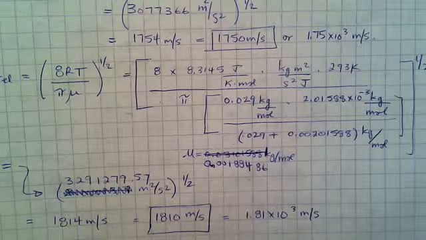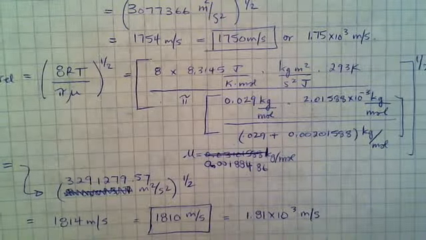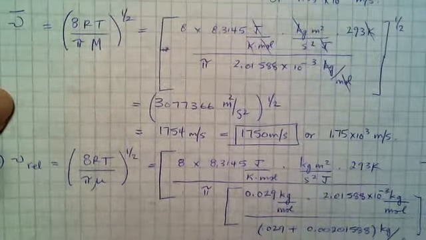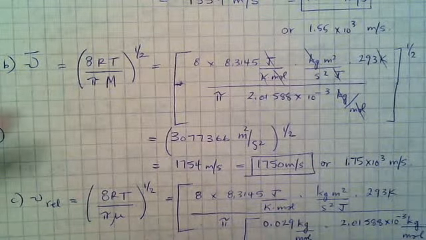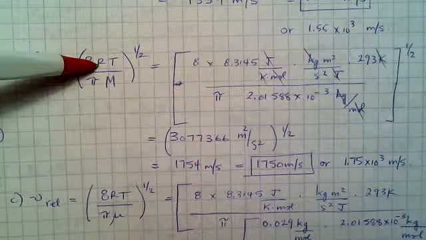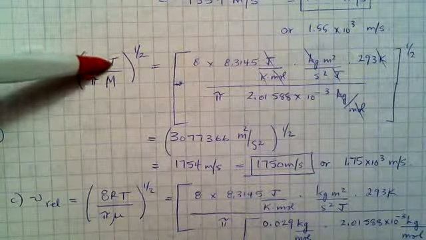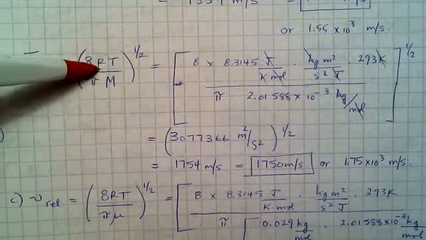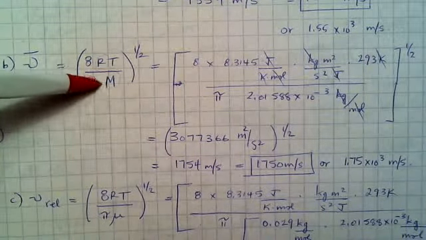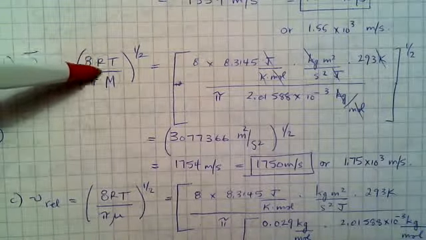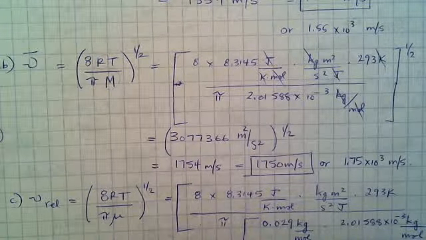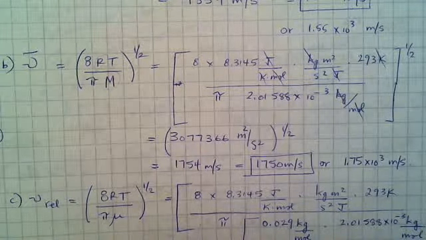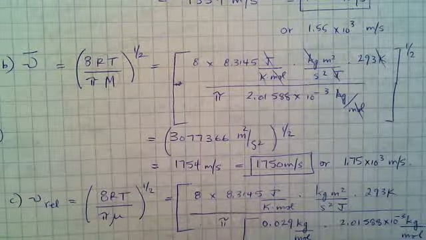Once again, you'll see formulas for this that use the Boltzmann constant k instead of the gas constant R. In that case, they are the same, except that k is used here and small m is used here. Remember, my R is a scaling factor that brings me up from the Boltzmann constant.